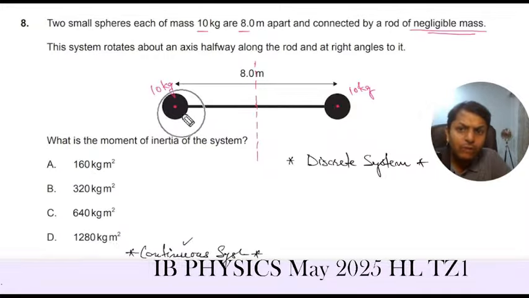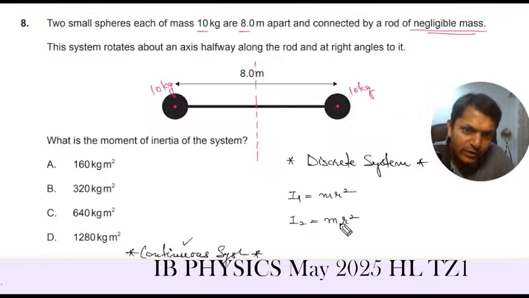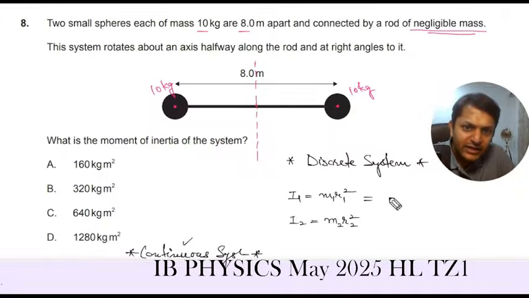So first of all, the moment of inertia of this will be mr square. You have to remember this formula. So I1 is given as m1 r1 square, and I2 will be found separately as m2 r2 square. Although m1 and m2 are the same here, and r1 and r2 also have the same value, that is 4 meters. Let me find the moment of inertia.